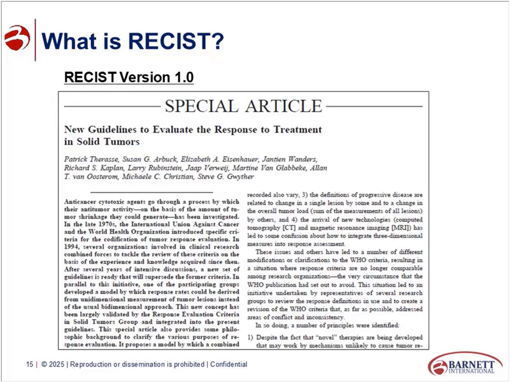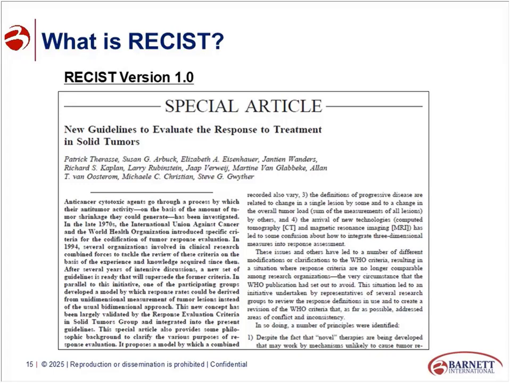But with the widespread use of this criteria, again, a number of problems have been identified with version 1.0, very similar to the deficiencies identified in the World Health Organization criteria that came before it. So some of the problems identified with version 1.0 raise questions such as, could fewer than 10 lesions be assessed without affecting overall response?